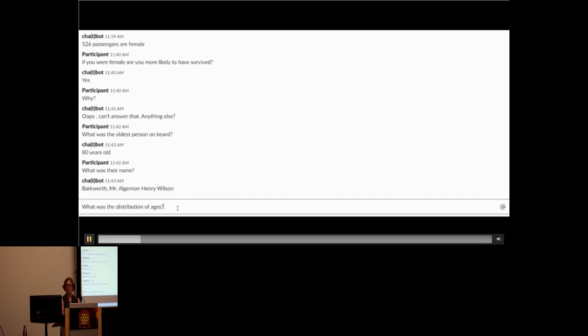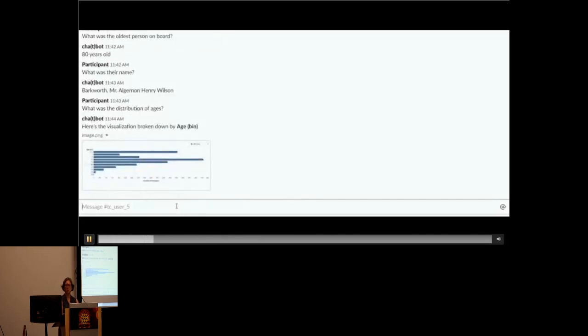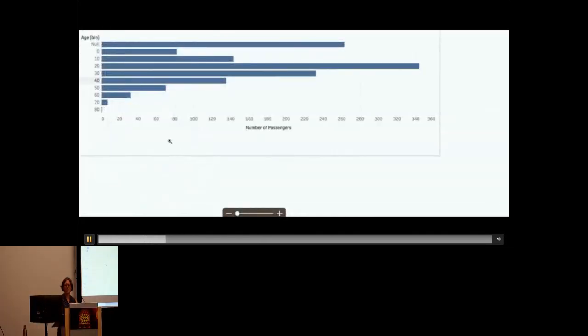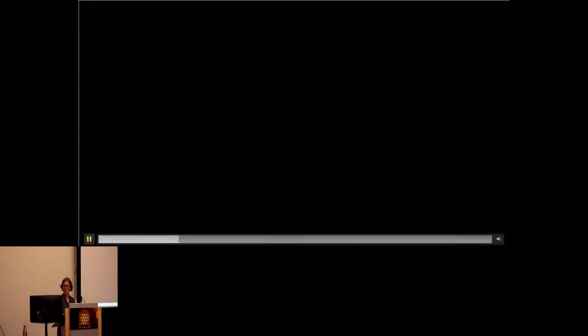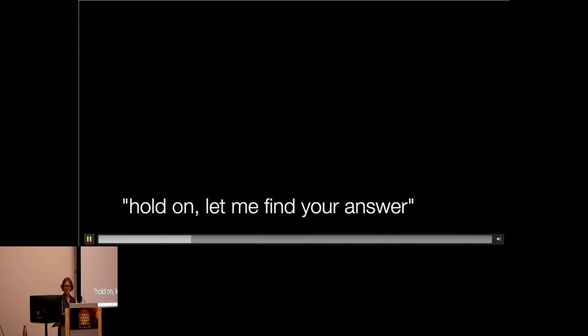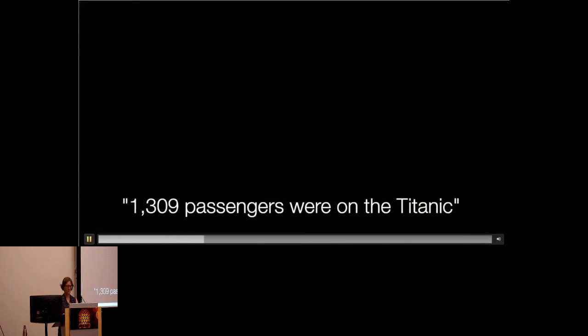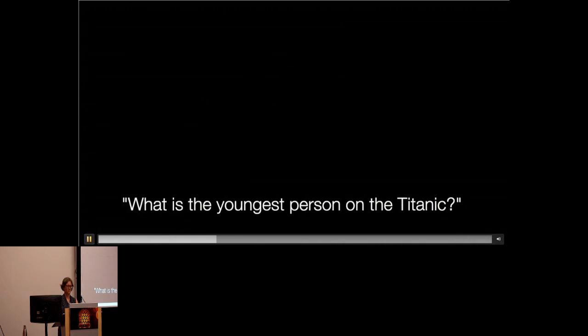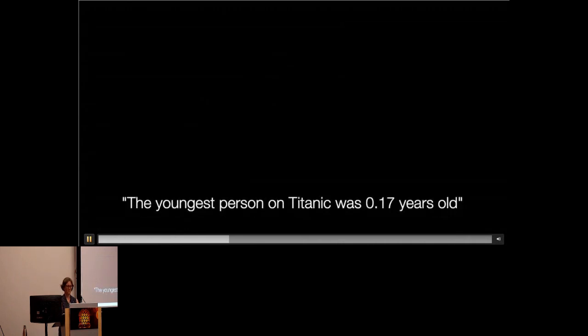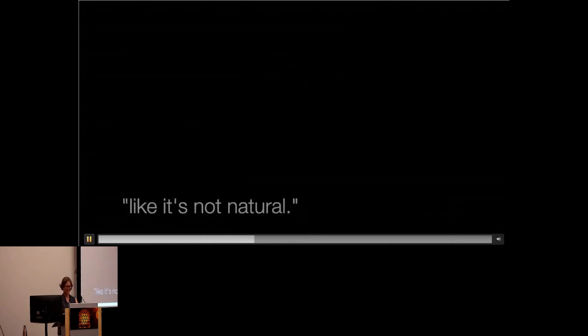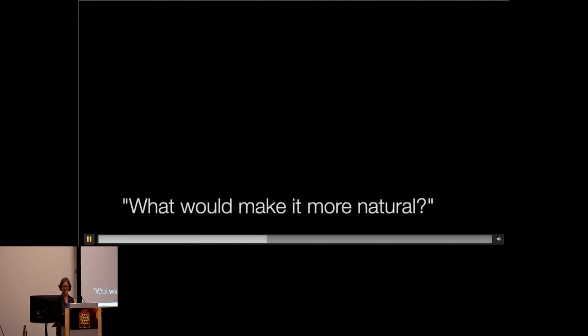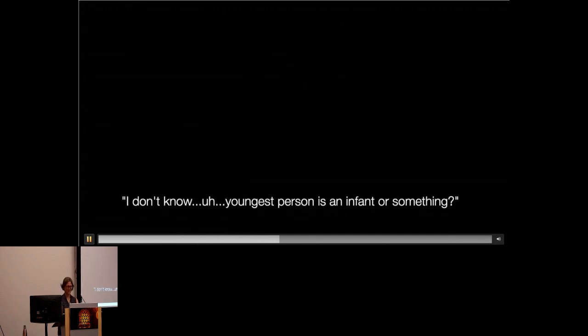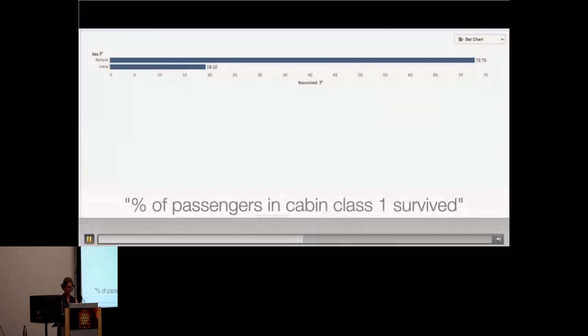So here the user is asking what was the distribution of ages of passengers on the Titanic, and they get an answer which they can then drill into. How many passengers are there? Hold on, let me find your answer. 1,309 passengers were on the Titanic. What is the youngest person on the Titanic? Youngest person on Titanic was 0.17 years old. I mean, of course, it's on here, but it doesn't make sense. It's not natural. What would make it more natural? The youngest person is an infant or something. Percentage of passengers in cabin class 1 survived.